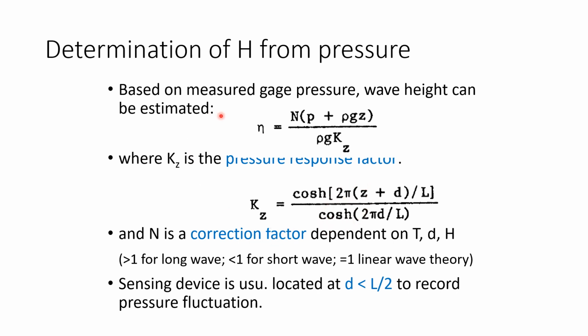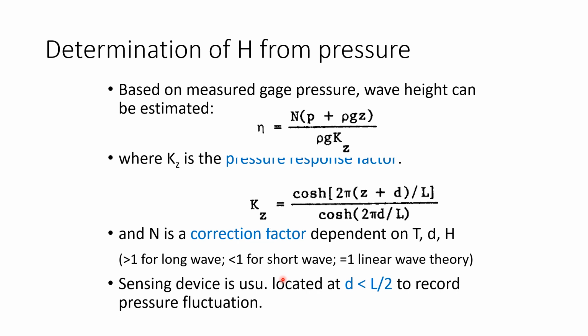N is a correction factor which depends on wave period, wave height, and also the water depth. Typically, the correction factor will be more than 1 for long waves or less than 1 for short waves. And if we have a monochromatic wave, a linear wave, then there's no correction factor required.